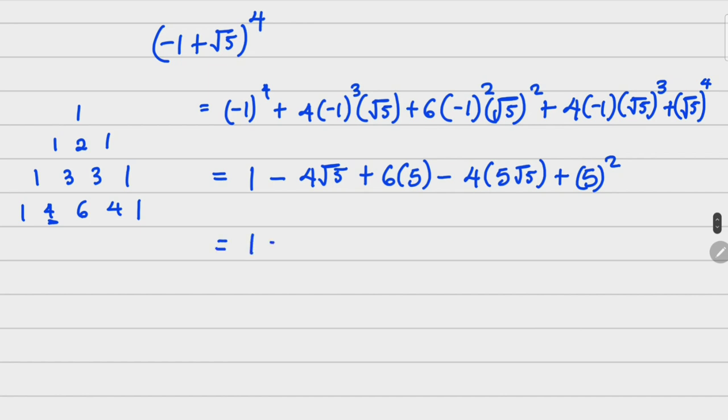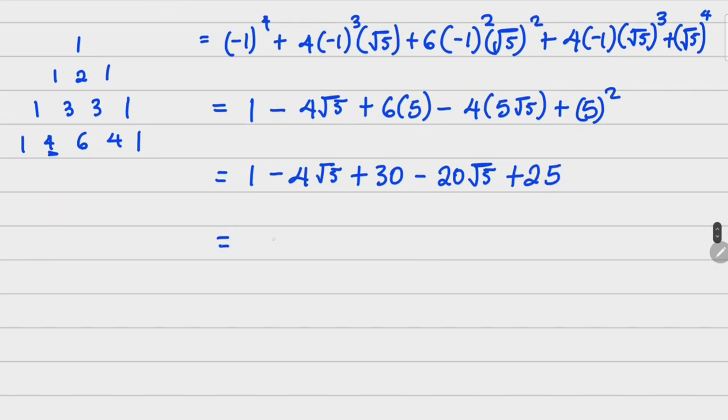So this is 1 minus 4 root 5, then I have plus 30, then minus 20 root of 5, then plus 25, okay? Bringing it together, I'm going to have minus 24 root of 5, then plus, okay, that should be 56. So I have 56. Now I can rewrite it as 56 minus 24 root of 5.